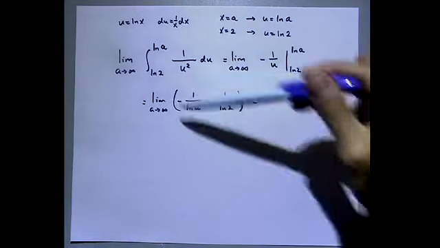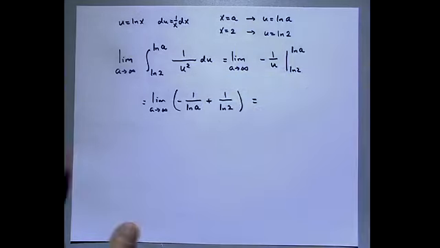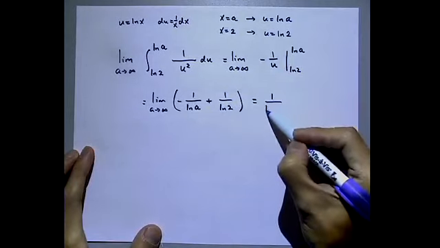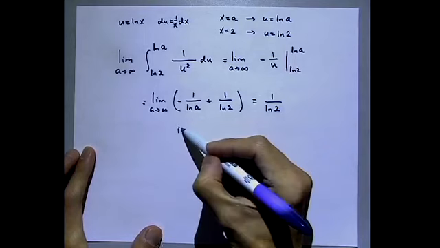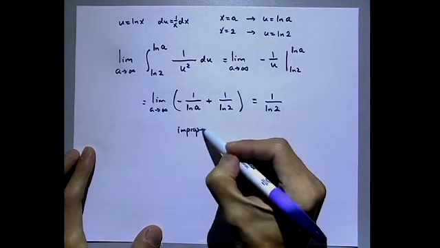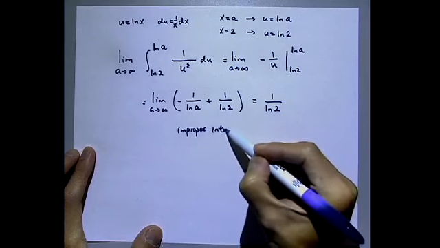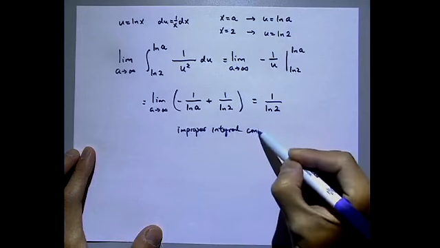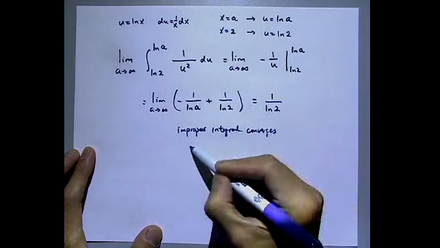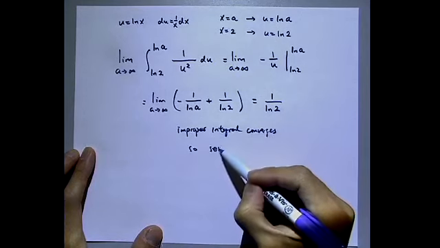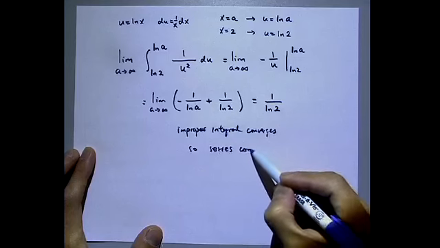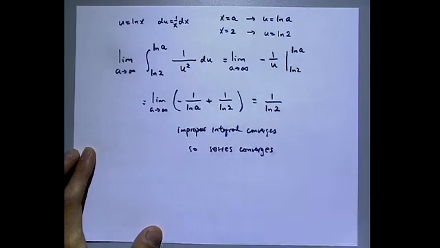So this is going to go to 0. And this is then 1 over natural log of 2. And because the improper integral converges, then the series also converges.